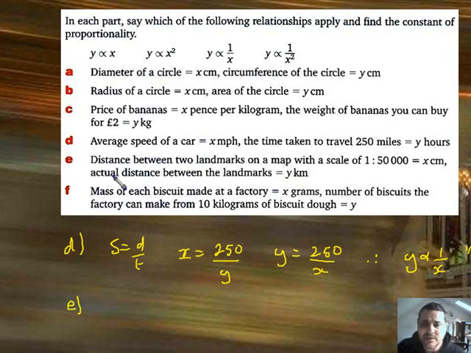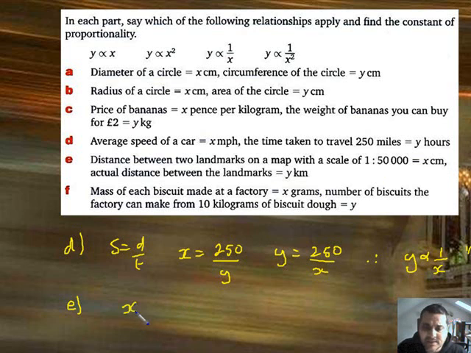This one's tricky. The distance between 2 landmarks on a map of a scale of 1 to 50,000 is x. Okay, the actual distance between the landmarks is y. So right, if I take my x centimeters and I multiply that by 50,000, I'm going to get the real distance for y.